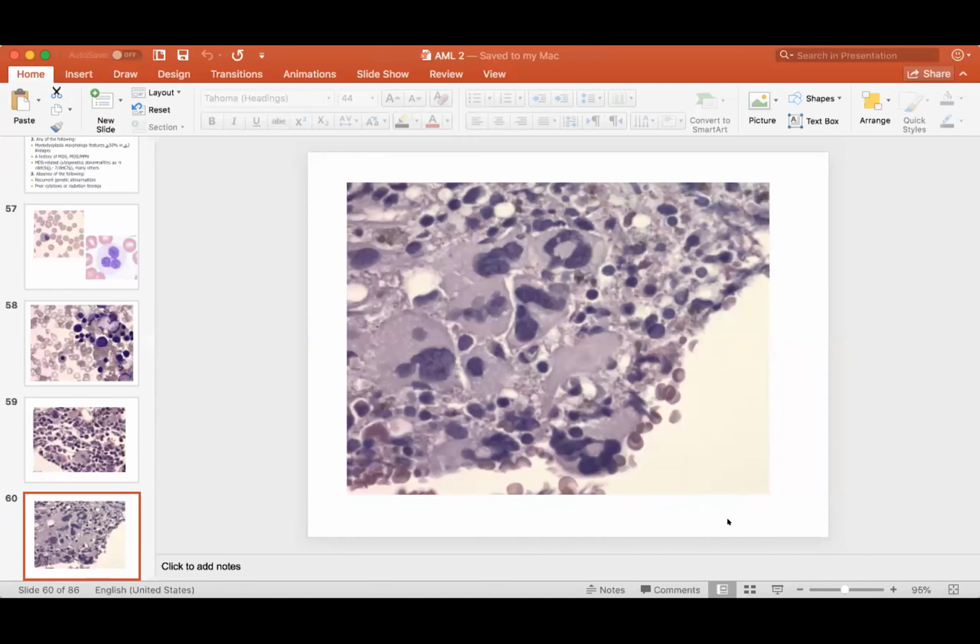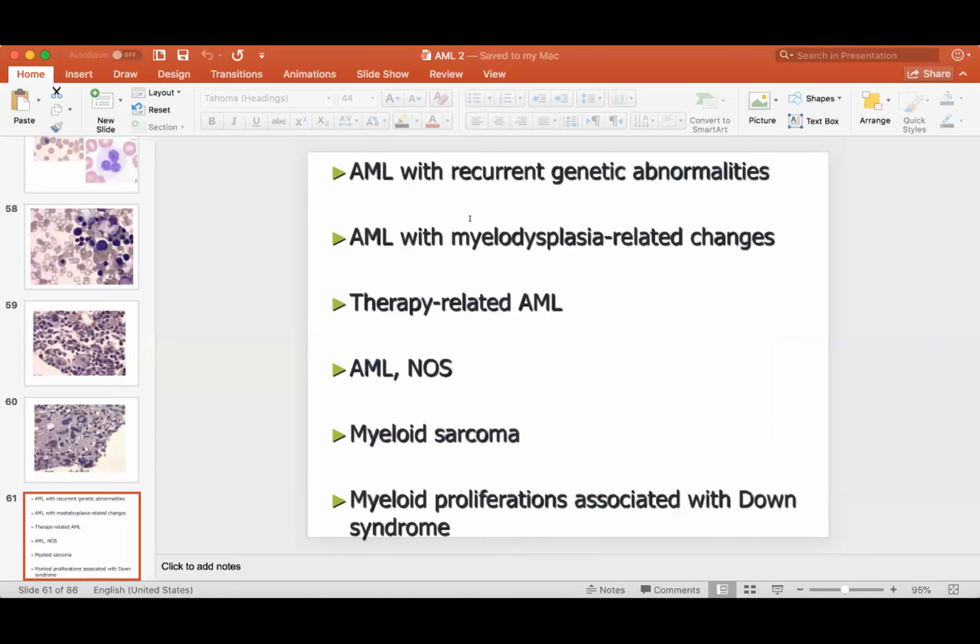And remember, you have to have the dysplasia in more than 50% of the lineage, in two or more lineages, to be able to call it AML with myelodysplasia-related changes. So again, if you have the translocation, you're going to call it AML with recurrent genetic abnormalities. If there's history of therapy, it's going to be a therapy-related AML. And if it meets the criteria for MRC, then that's what you're going to call it.